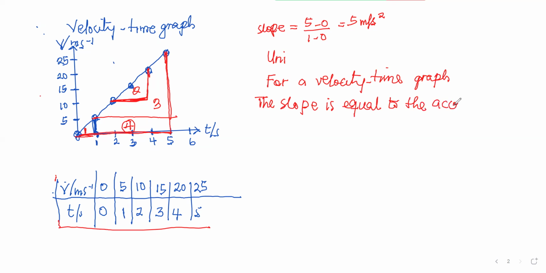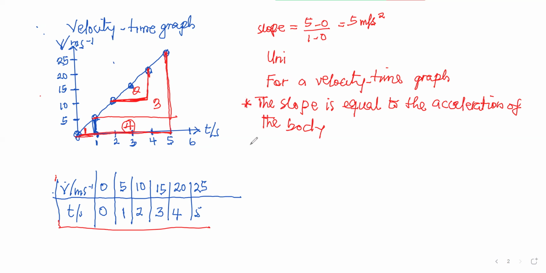The acceleration of the body. So a very important thing you must note under velocity time graph. If you find the slope of a velocity time graph, it is equal to the acceleration of the body.